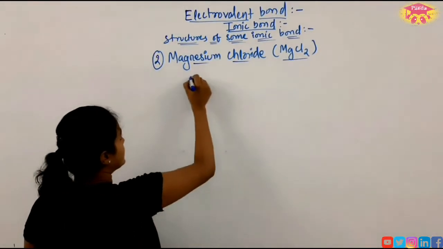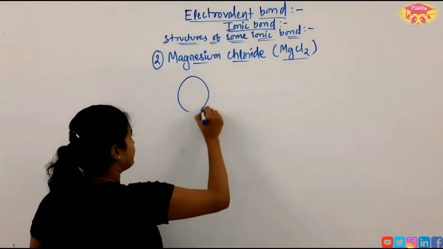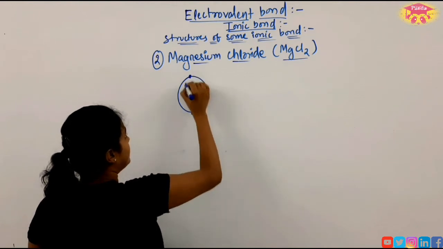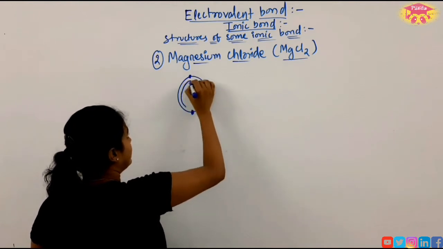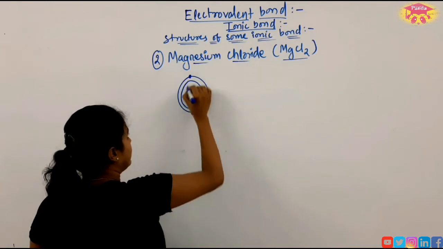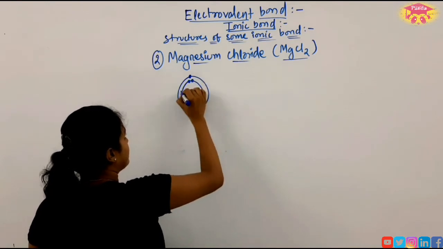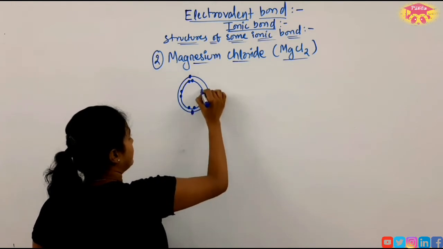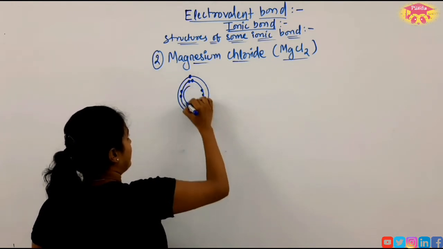So students, the structure of magnesium contains 2 electrons in the outermost orbit, 8 electrons in the middle and 2 electrons in the first cell.